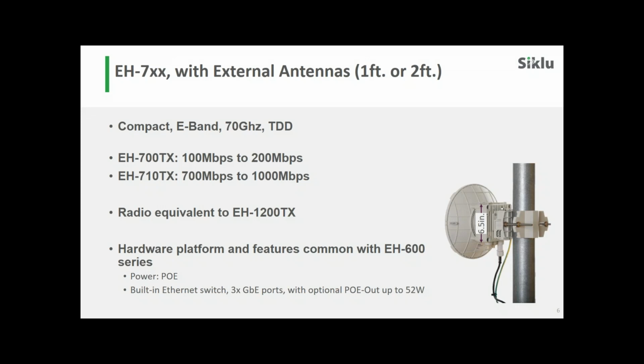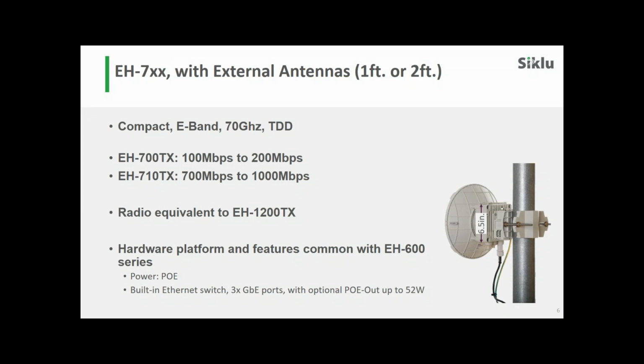And there also you have a number of options. You can select 26 watts shared between ETH2 and 3, or you can go in high power on ETH2 43 watts and 30 watts on ETH3, or you can go 52 watts out of ETH2 and nothing on ETH3.